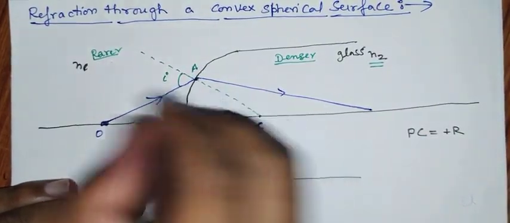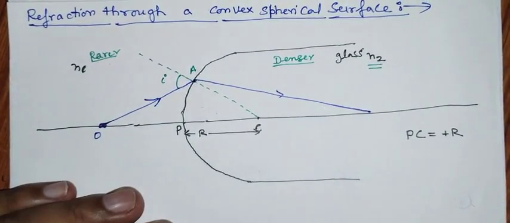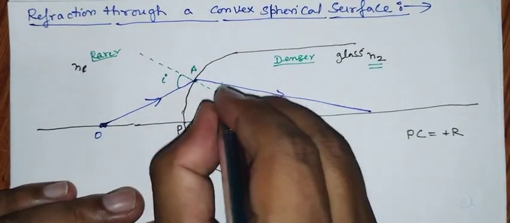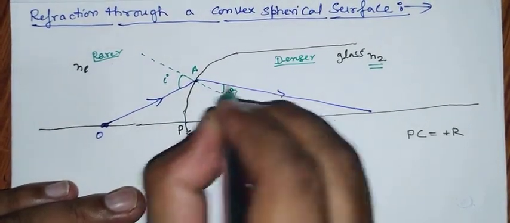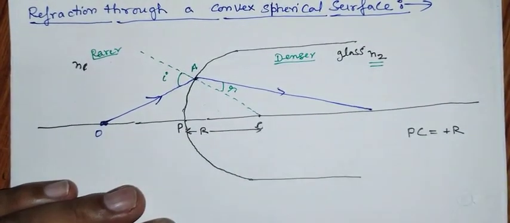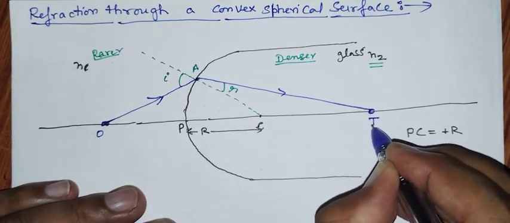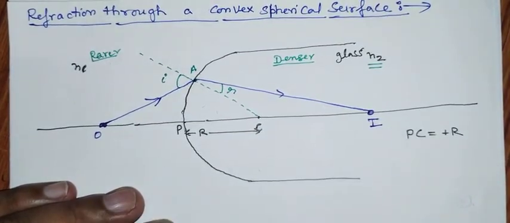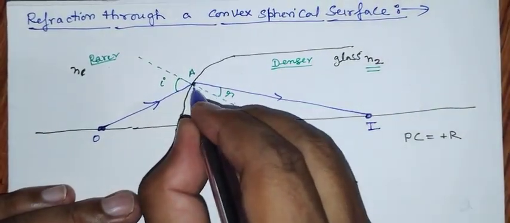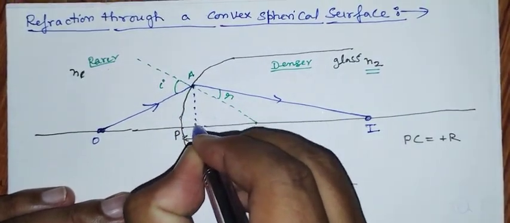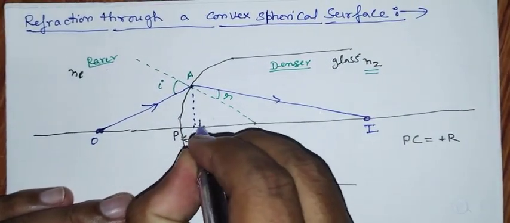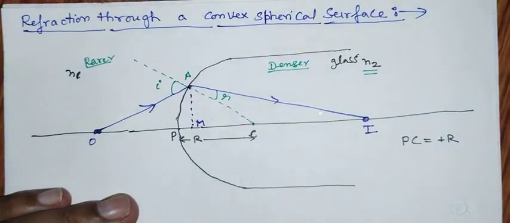The angle made with the normal is called the angle of refraction r. So the point image is formed here. Let it be I. Now draw a perpendicular here on it. Take this point as M.